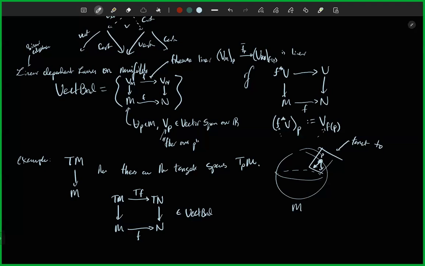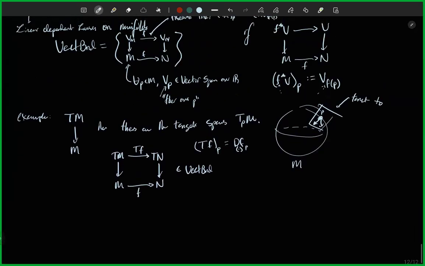In fact, you could do this at a greater generality, but I think it's nice to think about it this way. So it is true that TF at P is what we saw before, the directional derivative of F at P. I don't actually know the notation for this, I totally forget, but it's the directional derivative. It takes a vector at P and it gives you the directional derivative of F at that vector.